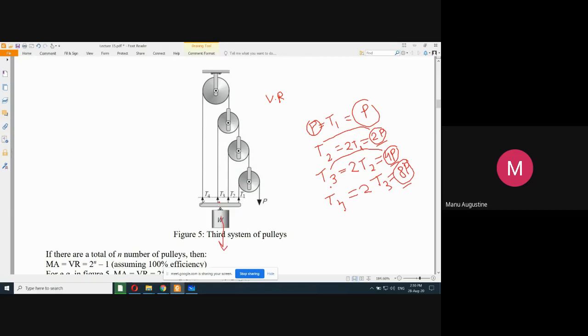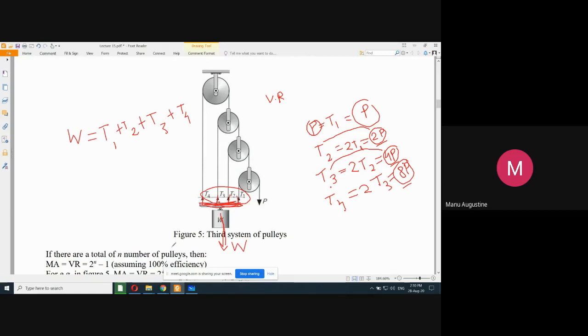Look at the equilibrium of the platform now. The load is acting downwards, W. T4, T3, T2 and T1 are combining themselves to lift this load W. तो इस प्लेटफॉर्म की इक्विलिब्रियम से मैं ये कह सकता हूं कि W is equal to T1 plus T2 plus T3 plus T4. I can say this by looking at the equilibrium of the platform.